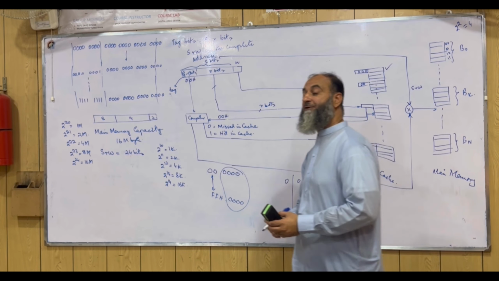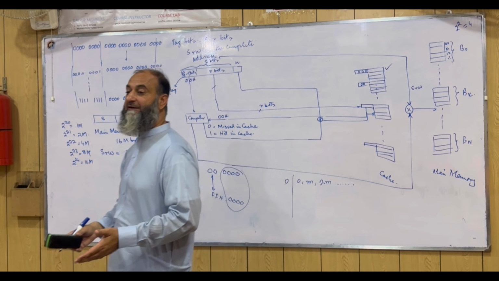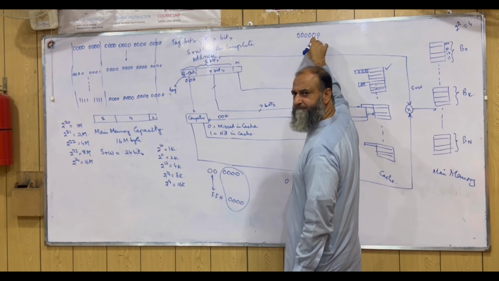ये क्यों? Because we have got a huge main memory, but we have a very lesser cache memory. तो क्या होता है कि वहाँ से ब्लॉक होते हैं यहाँ पे. मिसाल के तौर पे, if the first address is the address of the instruction that is stored over here, यहाँ पे stored है.